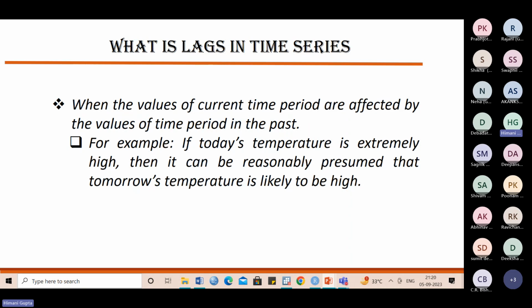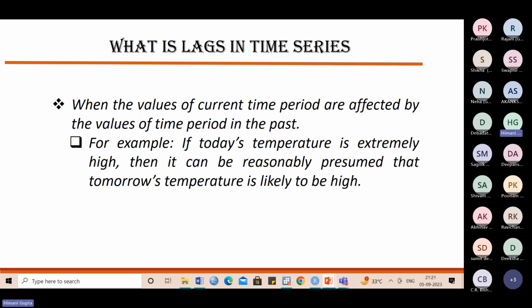I just have taken that today's temperature is depending on its previous day's temperature. I am predicting that whatever temperature is today, tomorrow also the same kind of temperature will be there. So your dependent variable today is a function of its past. That's what we name as a lag in time series.